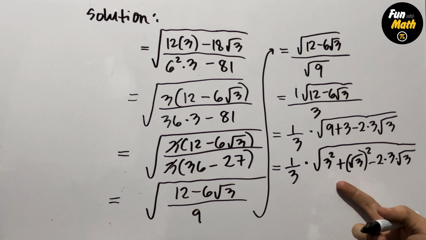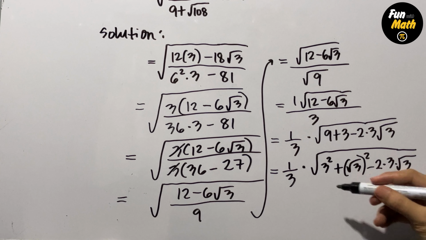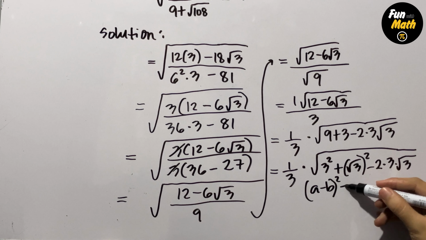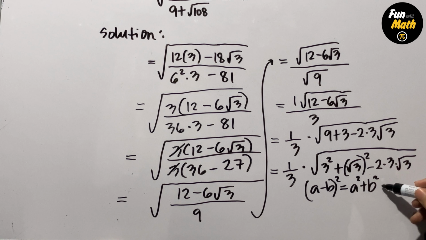Now, if you observe here, this looks like an expanded form of an identity, a minus b squared, which is a squared plus b squared minus 2ab.